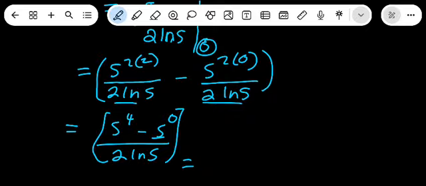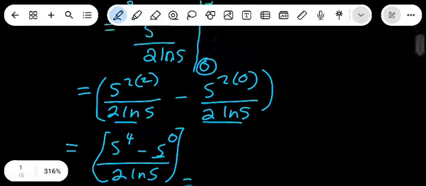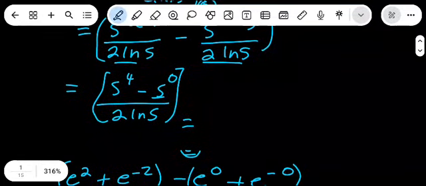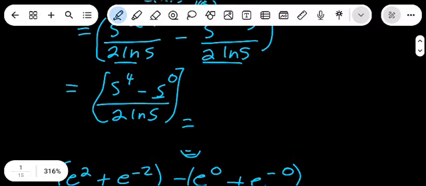Obviously, anything raised to the power of 0 is 1. Divided by 2 ln 5. You'll obtain a big number there, 100 and something.